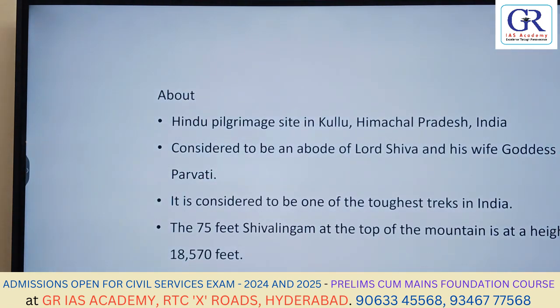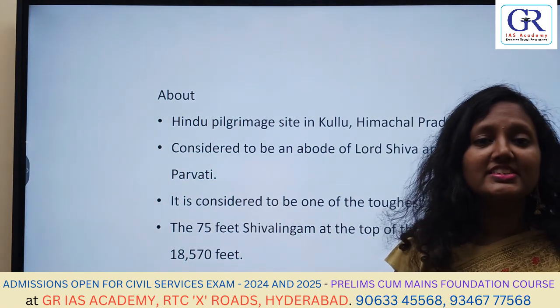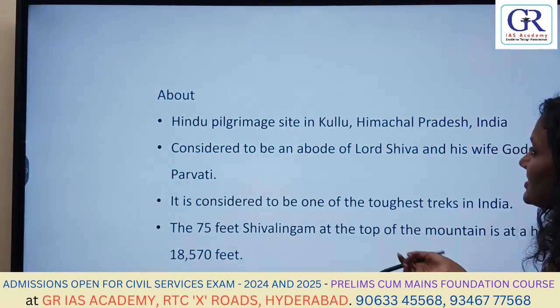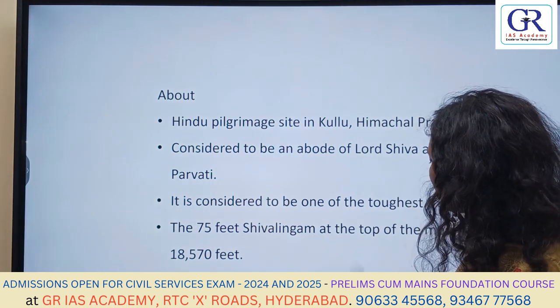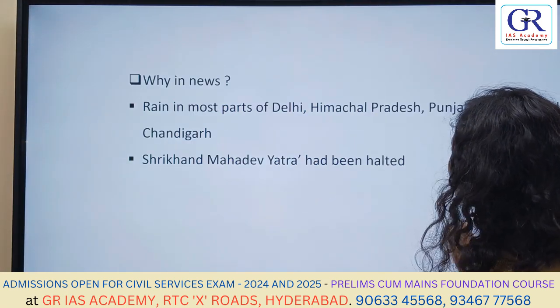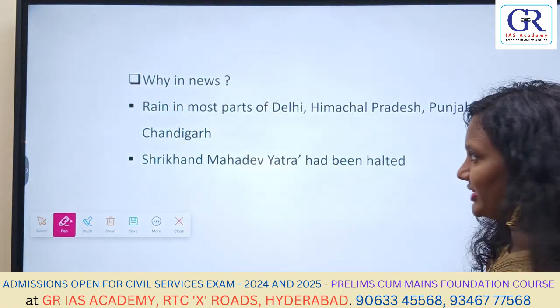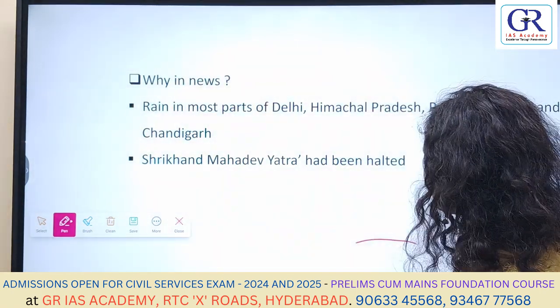The 75 feet Shivalingam at the top of the mountain is at a height of 18,570 feet. So this is a Hindu pilgrimage site, and you have to know the gods: Lord Shiva and Goddess Parvati. Now let us see the other news.